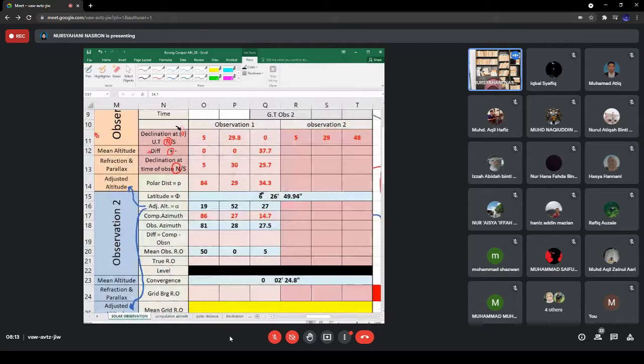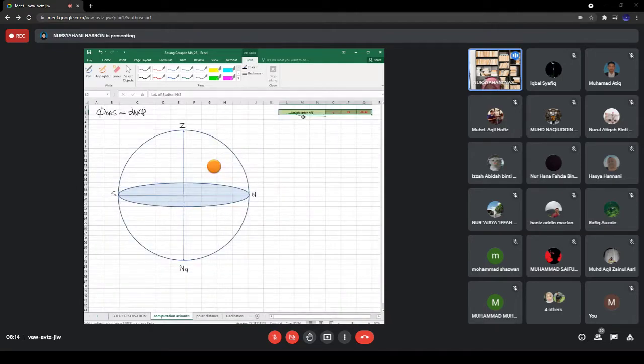This is our latitude of observer, or latitude station, 6 degrees 26 minutes 49.9 seconds north. So this means latitude of observation is equal to altitude of NCP, maksudnya ketinggian NCP itu sendiri.